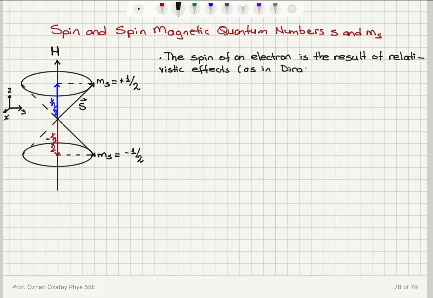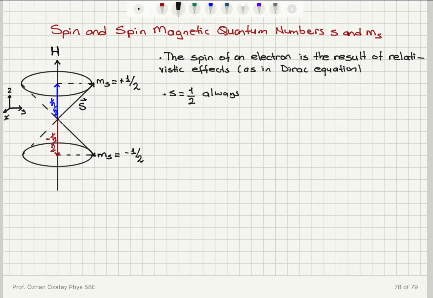So it appears in relativistic quantum mechanics. The spin quantum number S is equal to 1 over 2. So this is always the case.